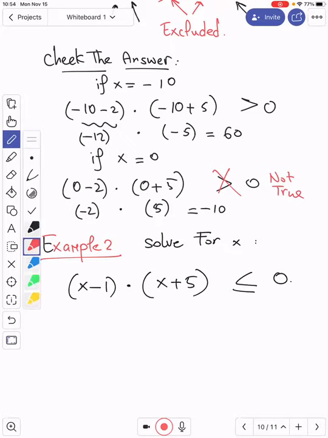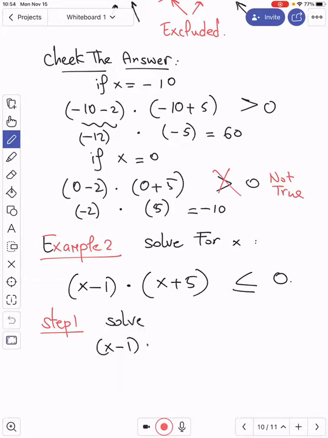We're going to have the same steps, right? Step 1, you make it equal to 0. So we need to solve (x -1) times (x +5) equal to 0.